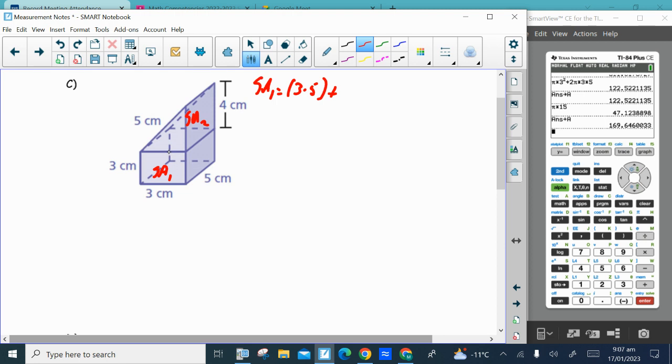The back is in dotted lines, but it's there. So you have two pieces that measure 3 centimeters by 3 centimeters. And then you also have the left and the right side of the box on the bottom, and they are rectangles. They measure 5 centimeters by 3 centimeters, and there's two of them.